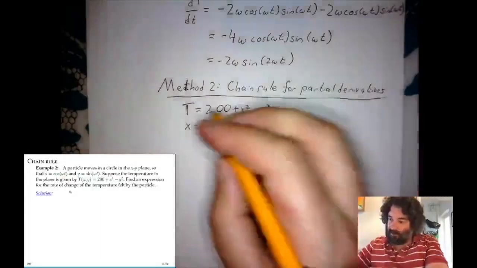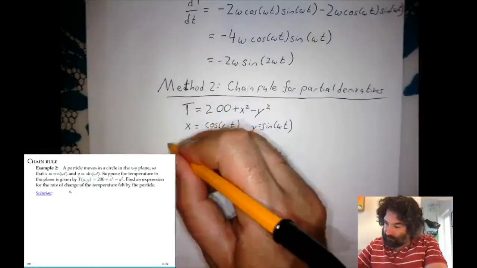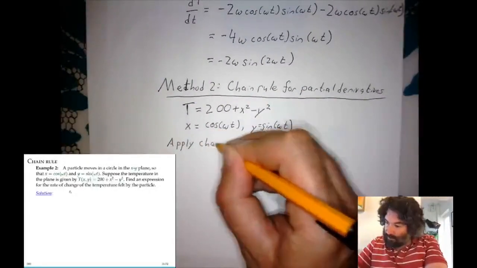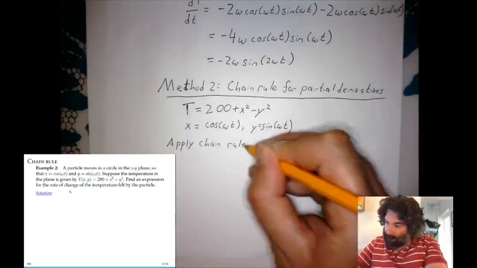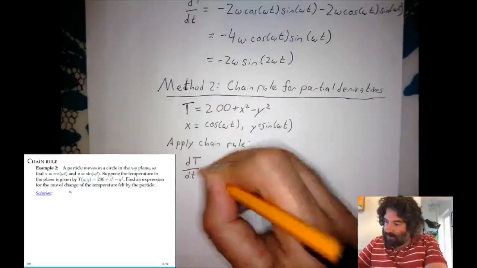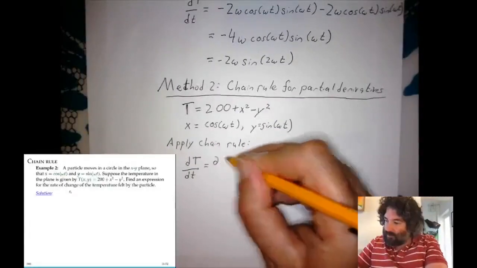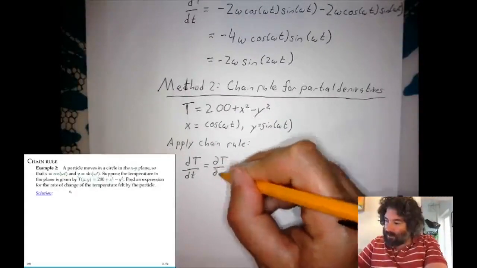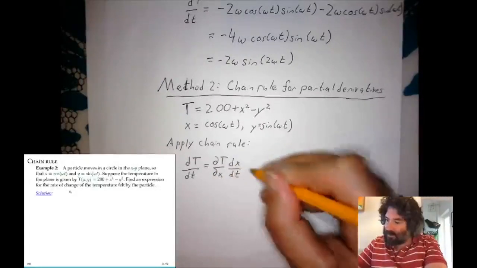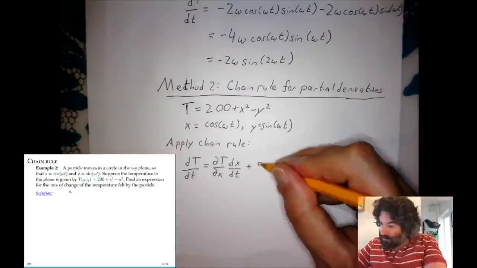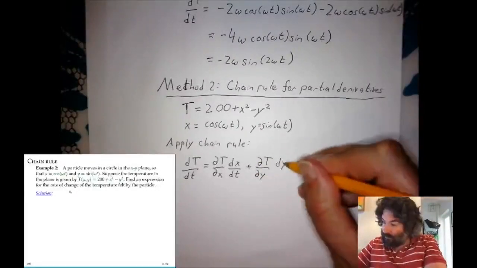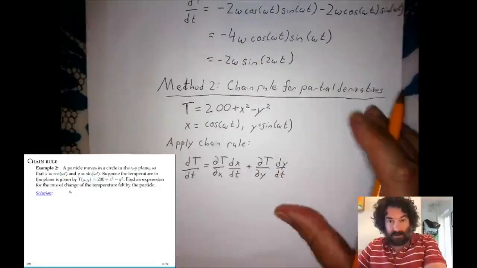And so, if we want to apply the chain rule that I just covered, we have that the derivative of this temperature with respect to time is equal to the partial derivative of temperature with respect to x times the derivative of x with respect to t, plus the partial derivative of the temperature with respect to y times the derivative of y with respect to t.